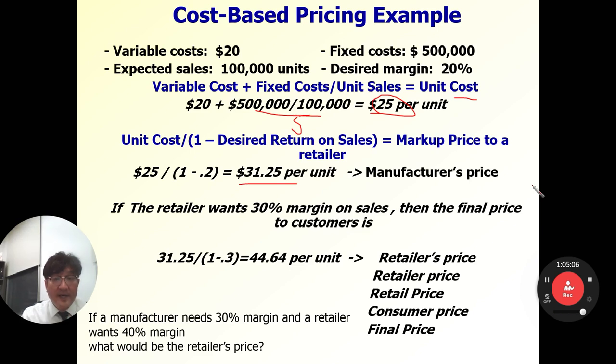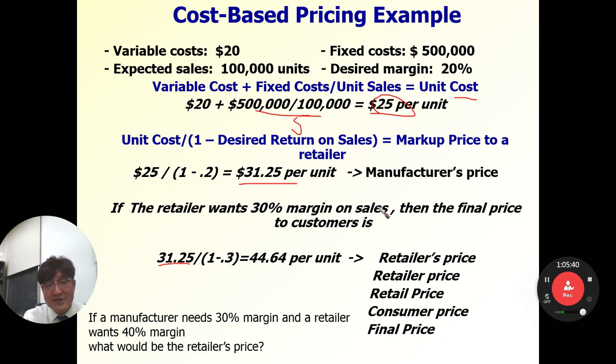Then let's calculate the retailer's price. To calculate the retailer's price, we can use the same formula as before. What is the unit cost for the retailers? The retailer pays this amount to the manufacturer, so the manufacturer's price becomes the retailer's unit cost: 31.25.